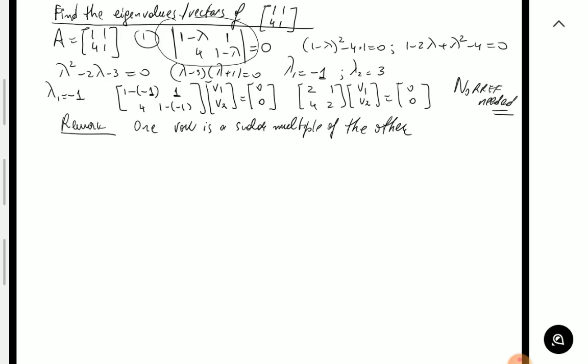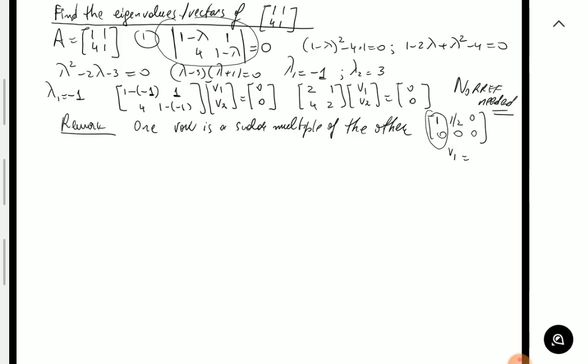Technically, if you go by the reduced row echelon form, you will divide the first row by 2, and then you multiply the first row by -2 and add. So basically, in this 2 by 2 case, you always end up with a single pivot. And you solve for V1 in terms of V2.